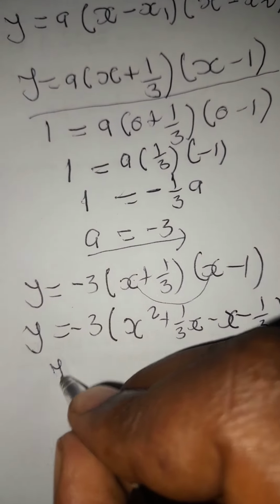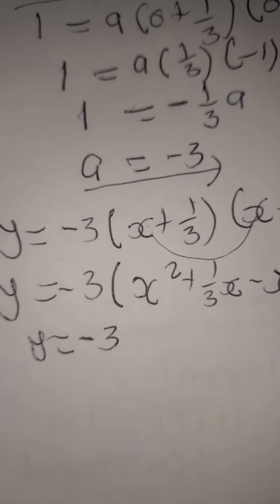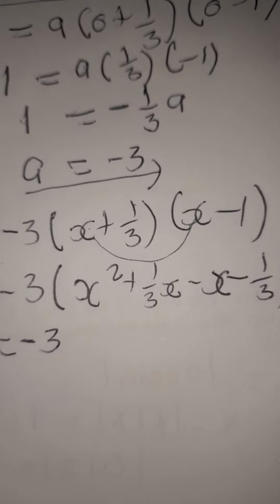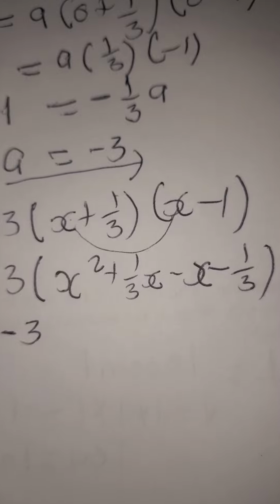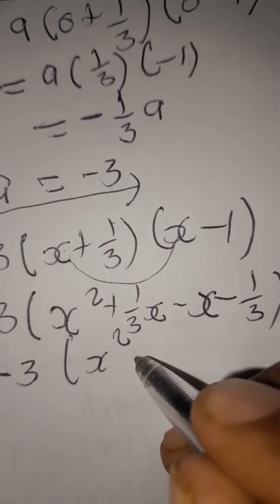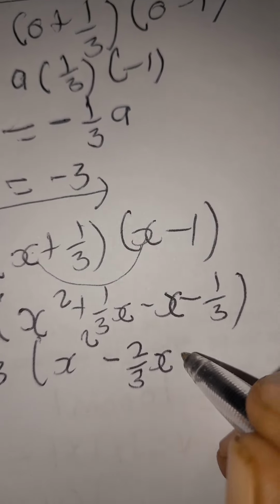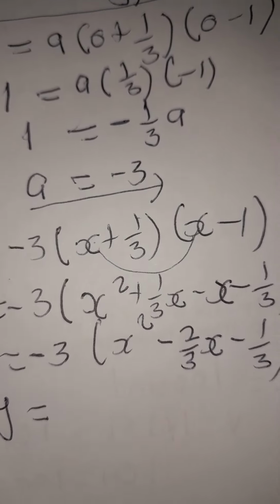Let's work out what is inside the bracket. Start with the like terms. 1/3 x minus x will be minus 2/3 x. So that will be x squared minus 2/3 x minus 1/3. Now the -3 will multiply everything inside the bracket.